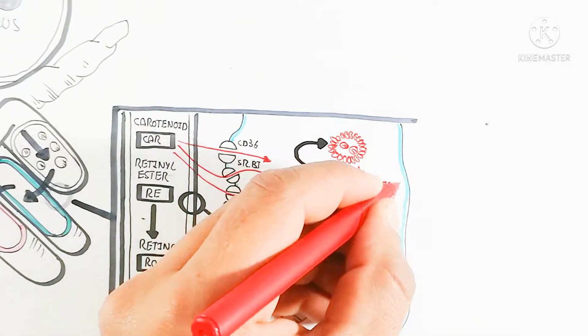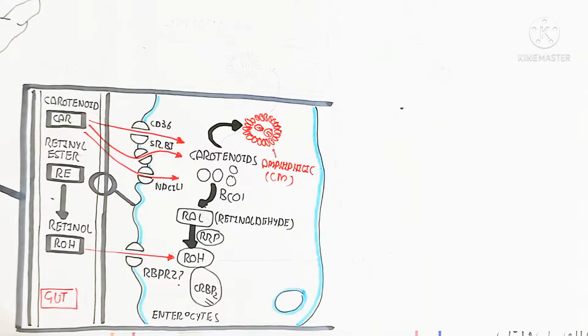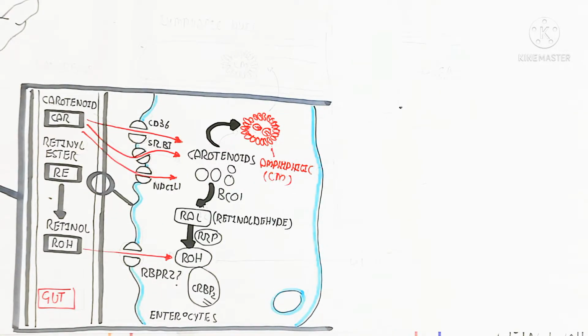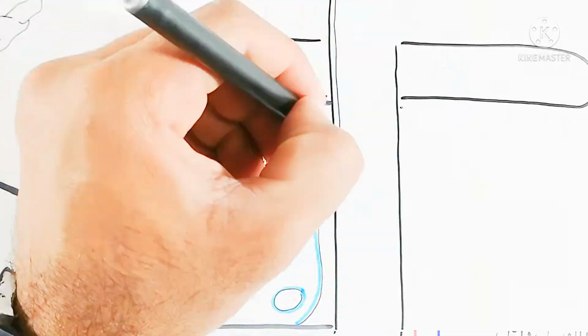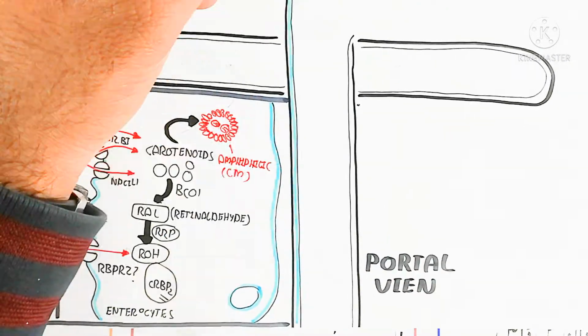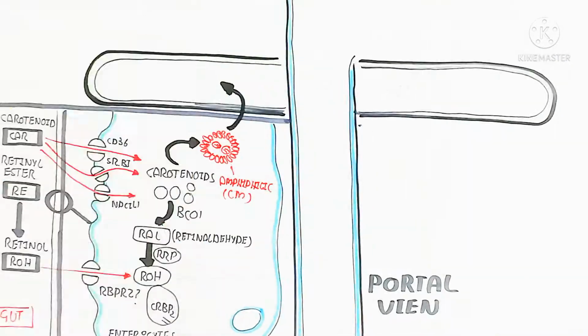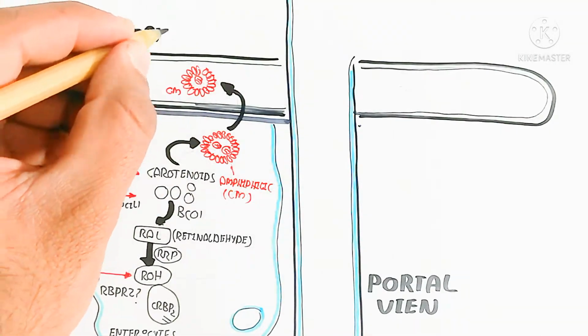And in this way, this was the gut, and after entry into the enterocytes, carotenoids can convert into the amphiphilic chylomicron. This chylomicron will enter into the lymphatic duct. So this is the lymphatic duct, and here is the portal vein. Portal vein means the vein that moves toward the liver.